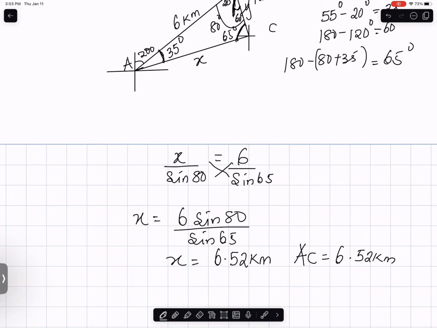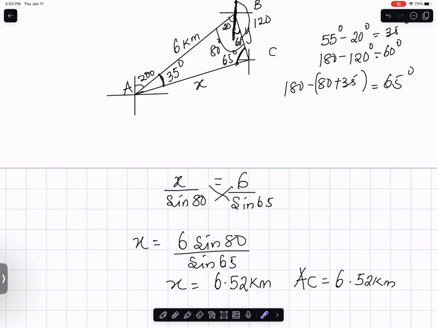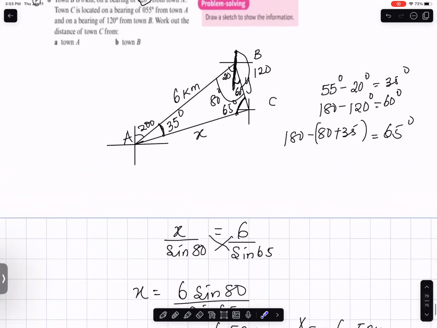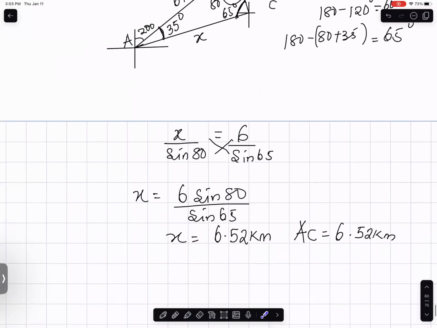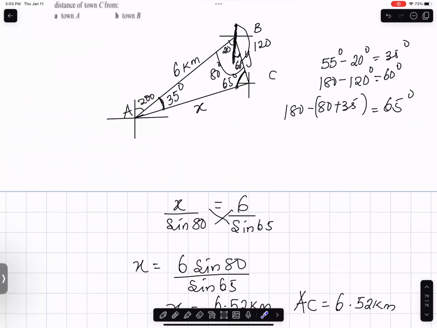Then next, we are looking for the distance BC here. We are looking for BC, which I marked as my Y. So looking for BC, what do we have there? So BC is facing this. So I can take any of the 2 points. I have BC already, I have this already.